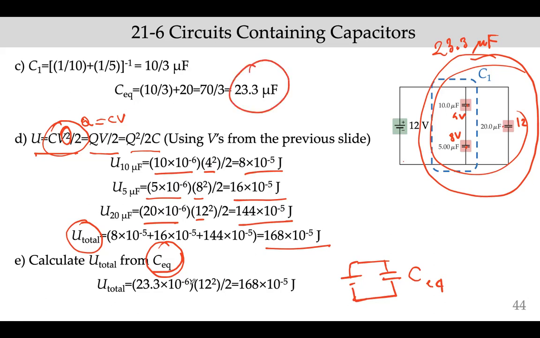So the C value is this one. And this equivalent capacitance is connected to 12 volts. So you would use 12 squared and also divide by 2, and you will get the same value. So this is the total energy stored in these capacitors.